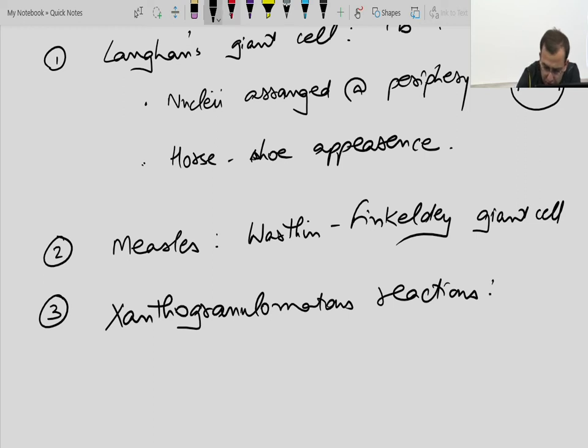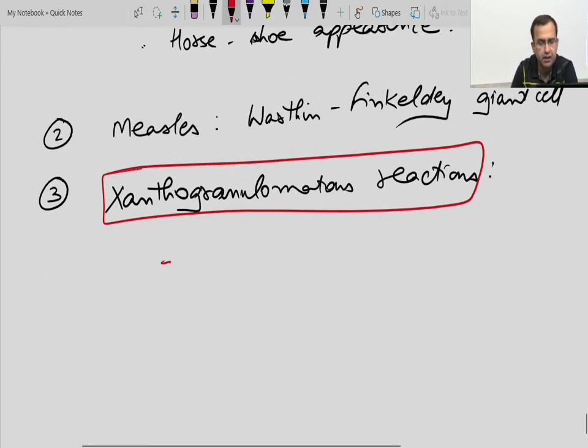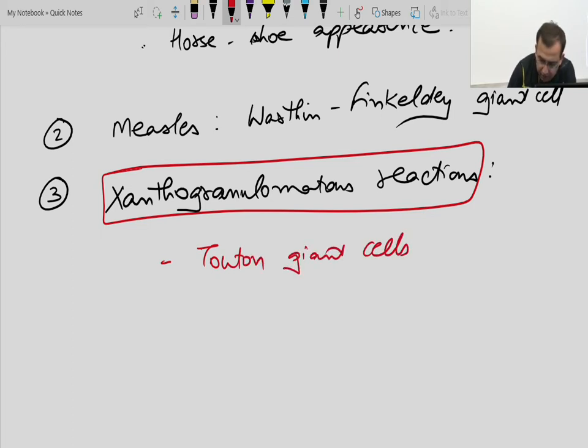First point, the giant cell seen in this is the Touton type of giant cell.